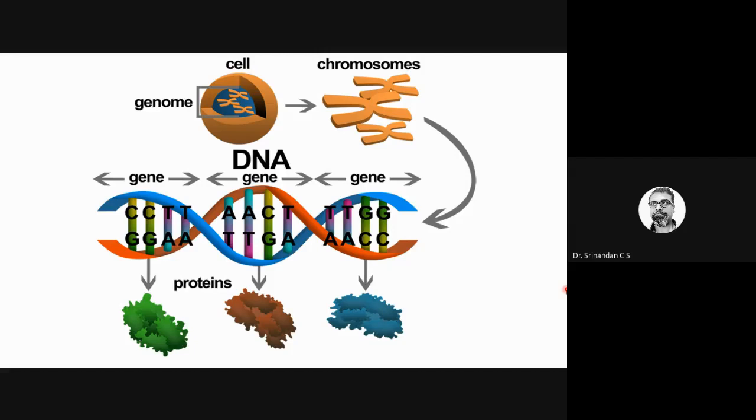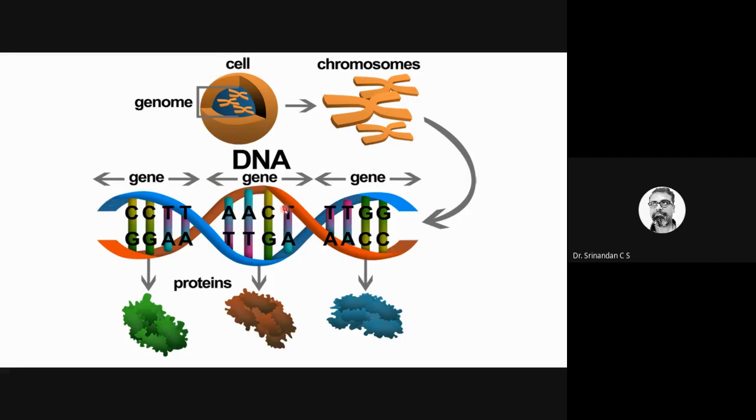So though there are 10 trillion cells, every cell has the same DNA. The DNA sequence of A, T, G, C will be the same in all the 10 trillion cells. And one cell having so big a length of DNA, it will all be compressed as chromosomes, or the genome we call.